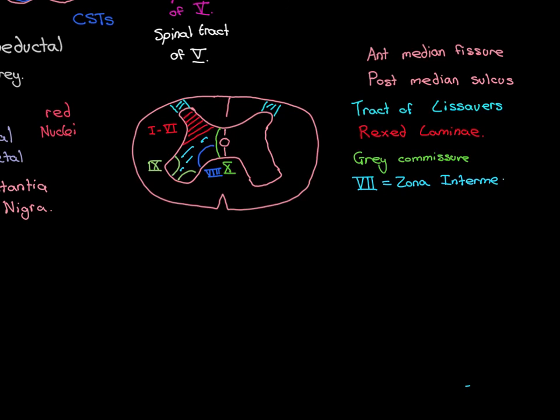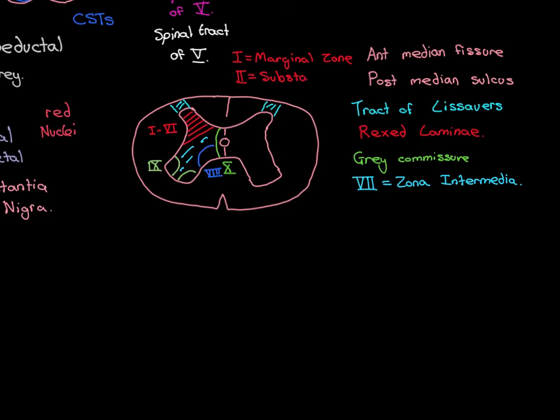Zona intermedia. Now, there are also other names for the different parts of Rexed laminae 1 to 6. So Rexed lamina number 1 is also called the marginal zone of the dorsal horn. And the important one for us to know is actually the other name for Rexed lamina number 2, because Rexed lamina number 2 is also called the substantia gelatinosa.